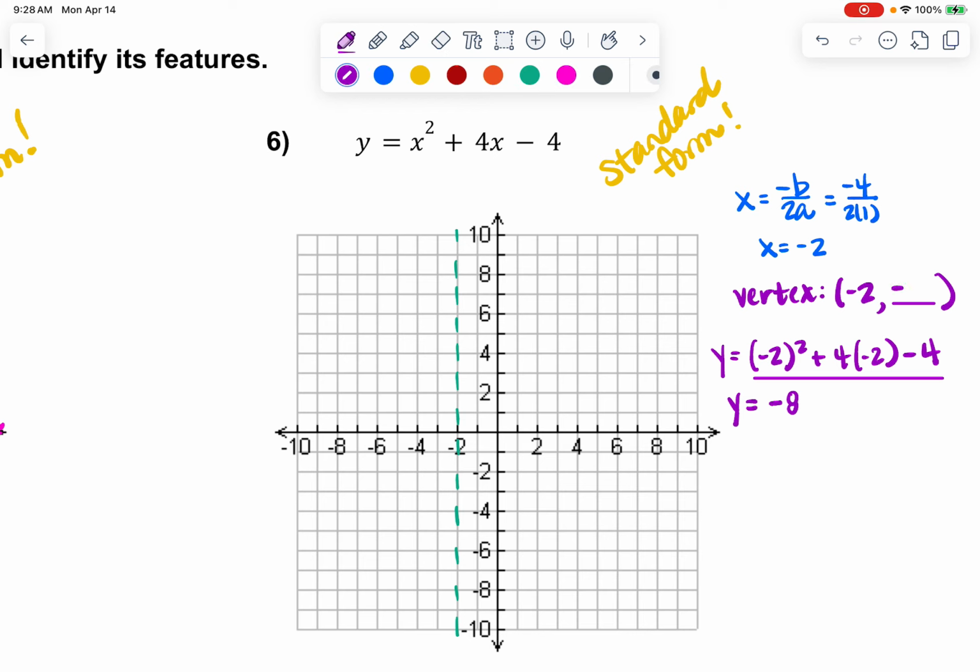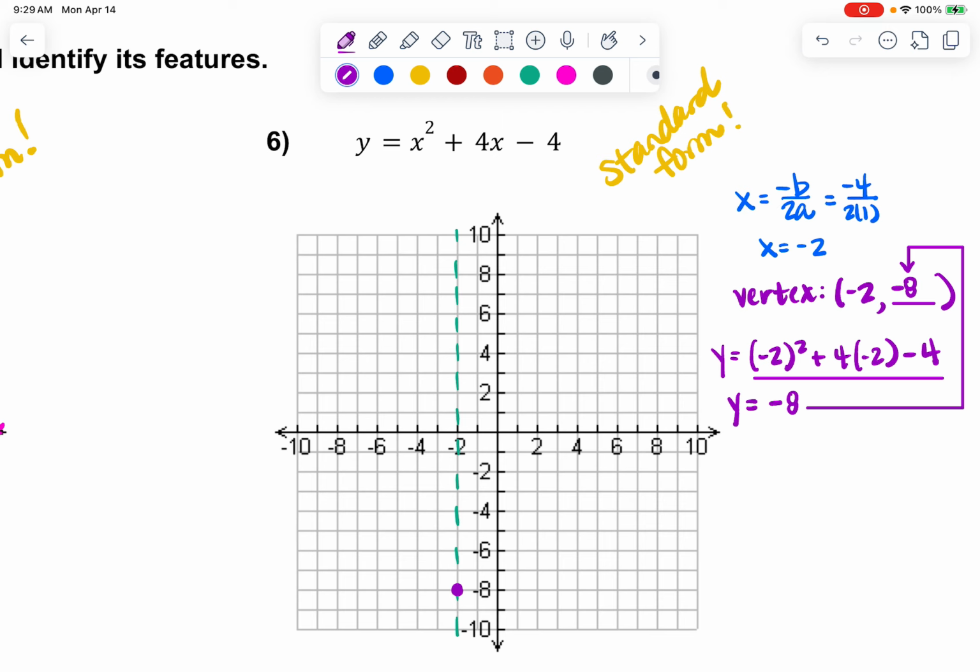I know that this is negative 8. Put some little arrows, kind of map our way there. Okay, so negative 2, negative 8. So here's our vertex.